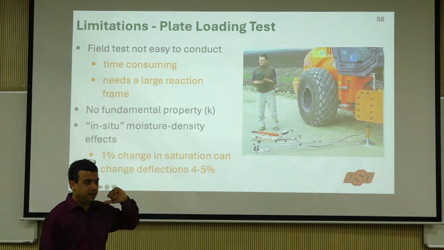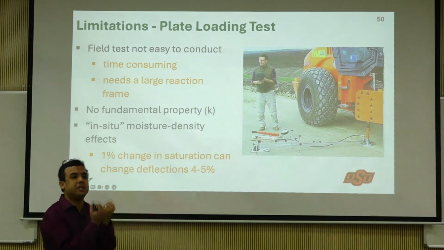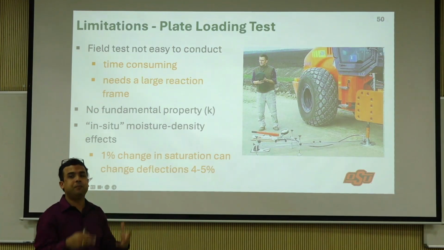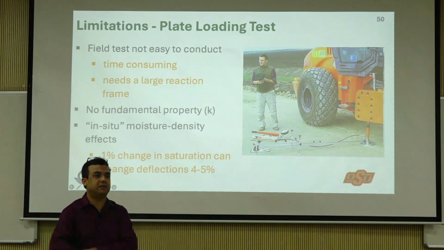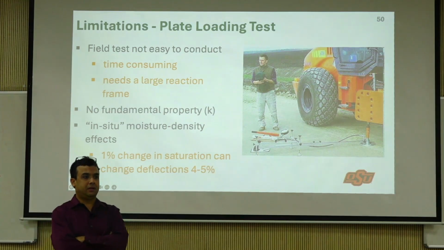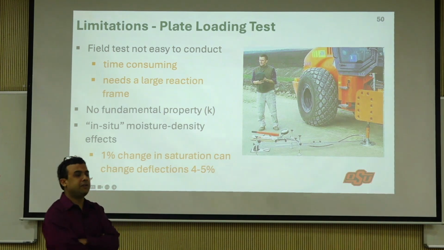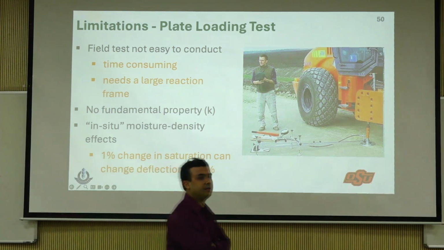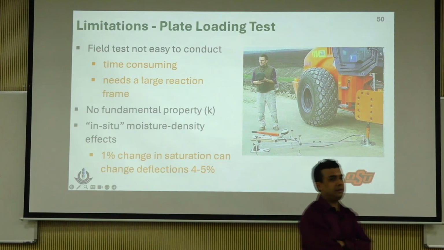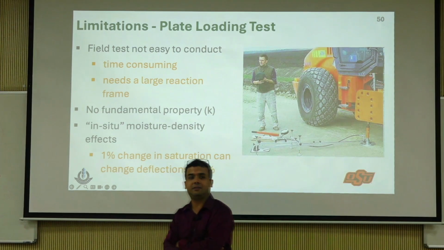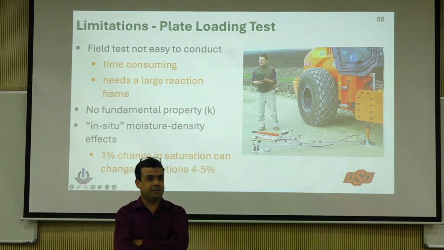Let me ask you this: when you are measuring modulus of subgrade reaction, like when you're measuring K, are you measuring elastic or plastic? Is it 100% plastic? Or do you actually know how much is elastic and how much is plastic? You don't know. It's a combination of both.